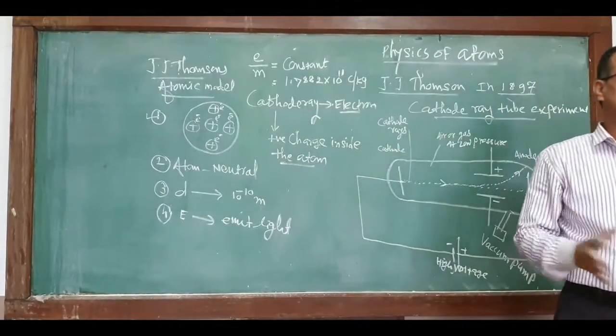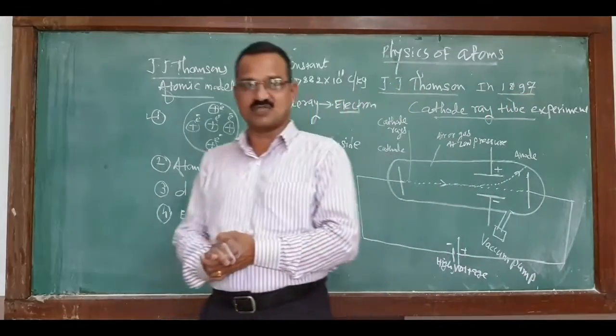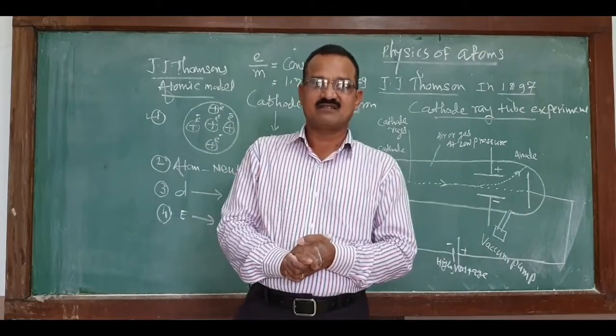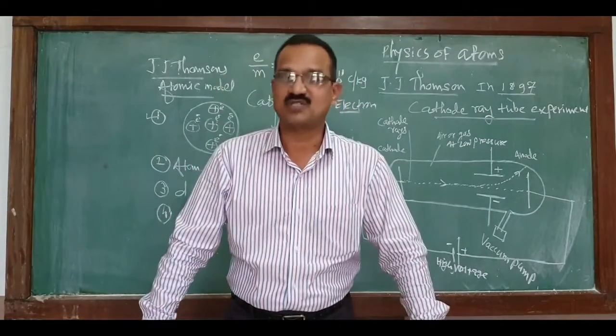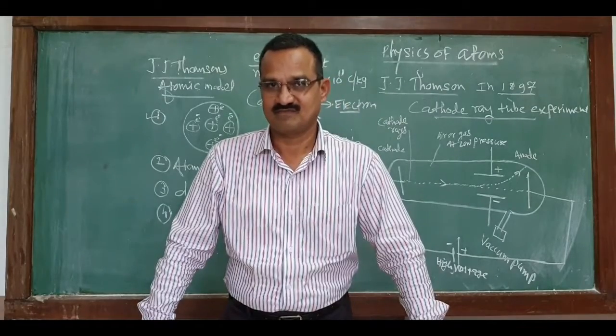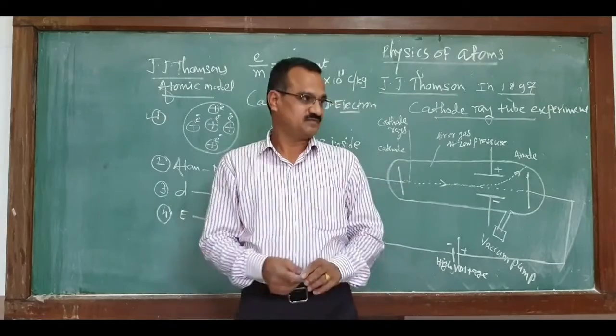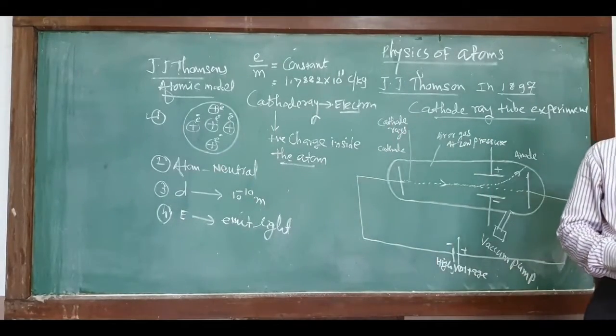After J.J. Thomson proposed the model regarding the atom, some points could not be explained by Thomson. The points which are not explained by Thomson are actually the drawbacks.